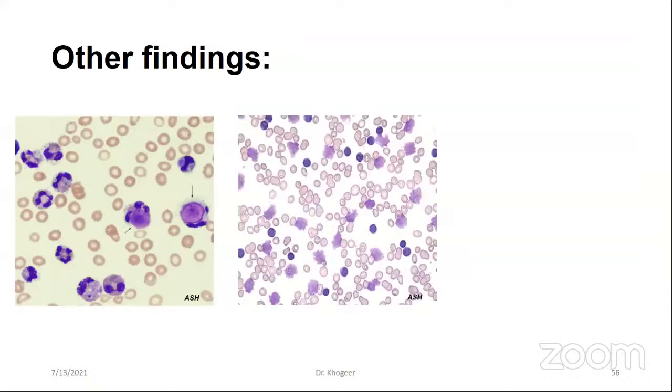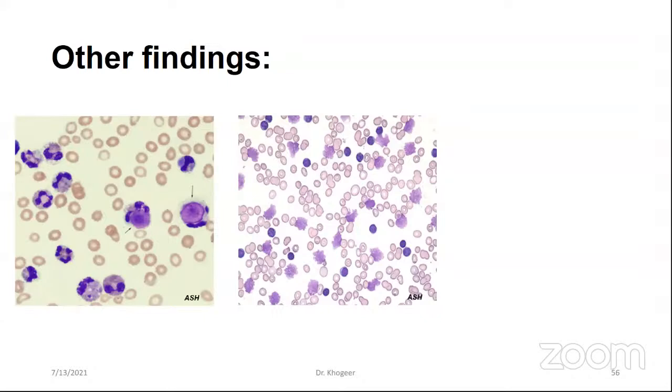Okay, this smear, any guess what these cells are? Yes, this case is from CLL, but what I mean is these cells, what do you call these cells, not the viable lymphocytes, these cells. True.